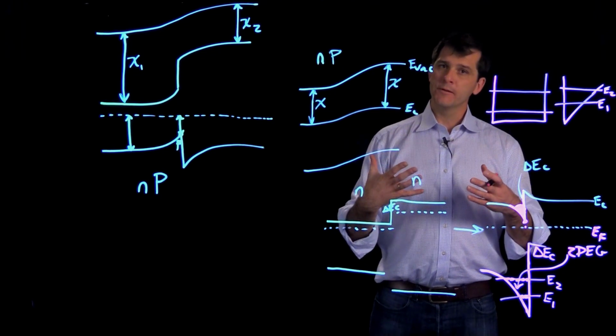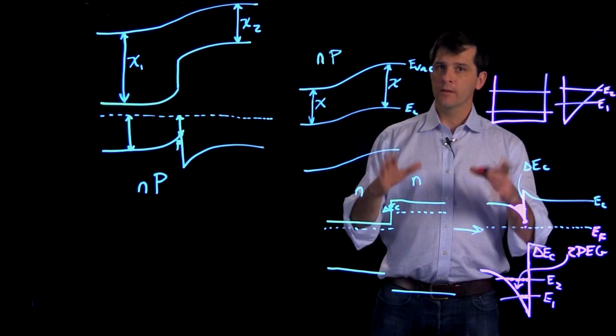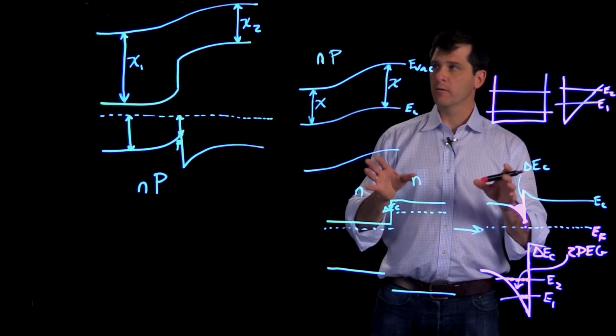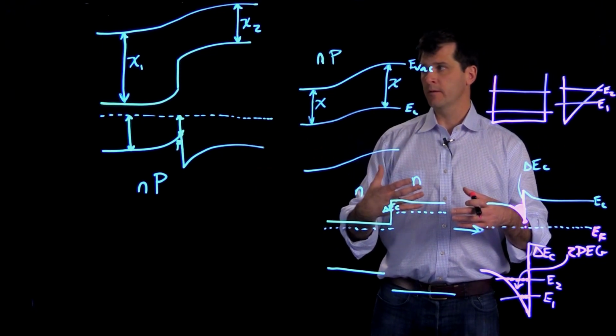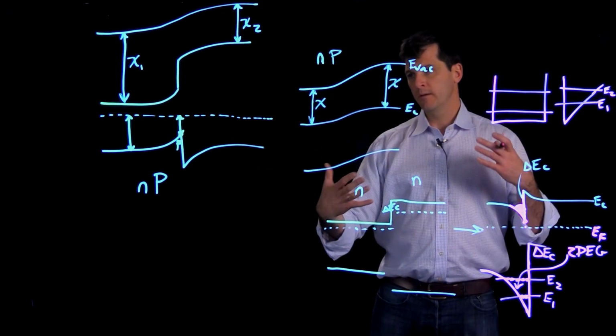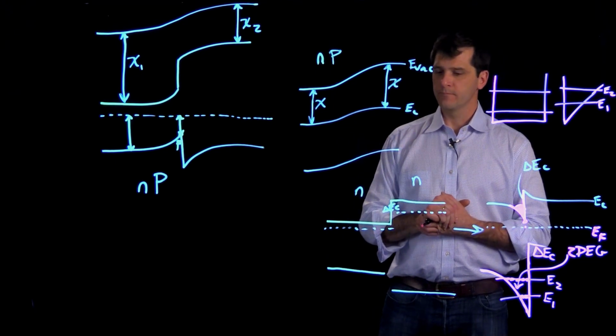The built-in voltage is still going to be given by the difference in work functions, and if you think about it in those terms, you can use that rule across all heterojunctions, be they semiconductor, NP, PN, or metal semiconductor junctions.